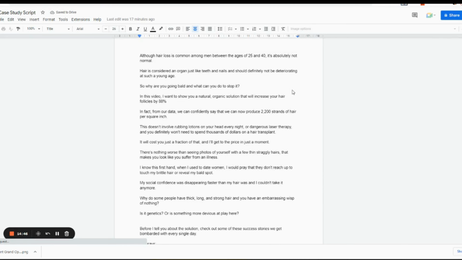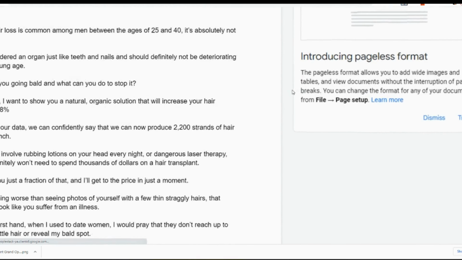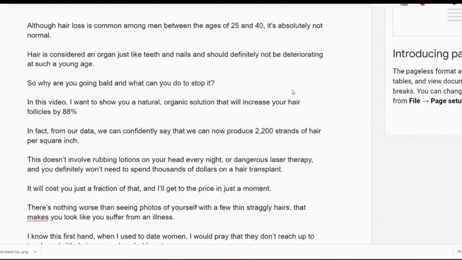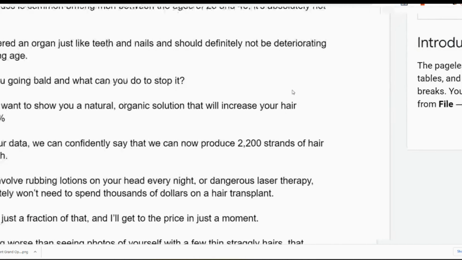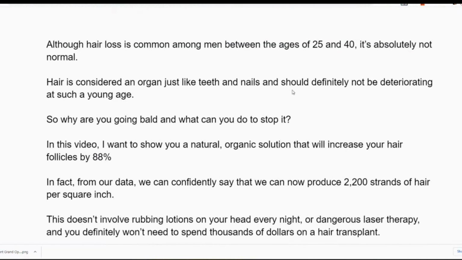Okay, so let me zoom in. Based off of the VSL, this is the script that I came up with, and I'm going to try to emphasize those points that I went through in the previous script as well, so you can get an idea.